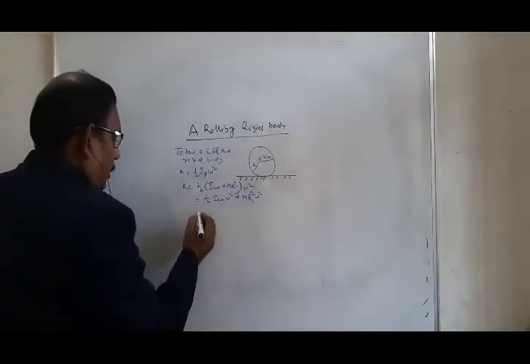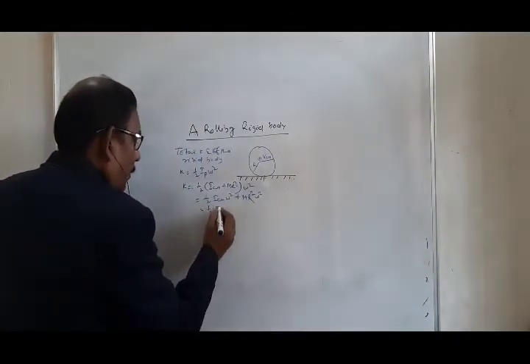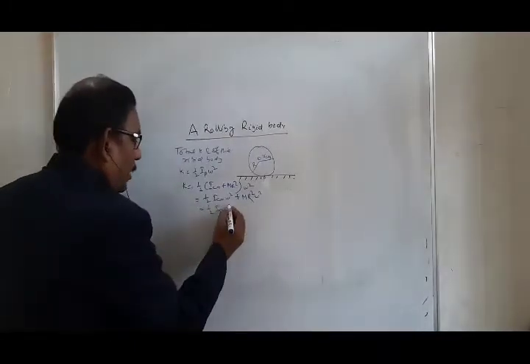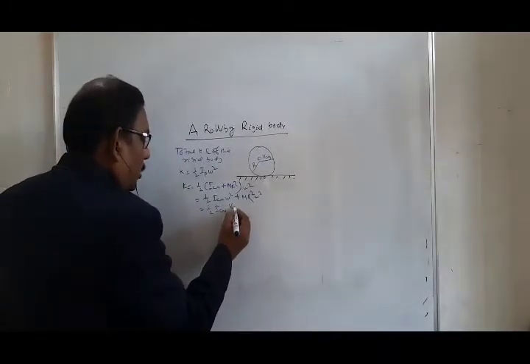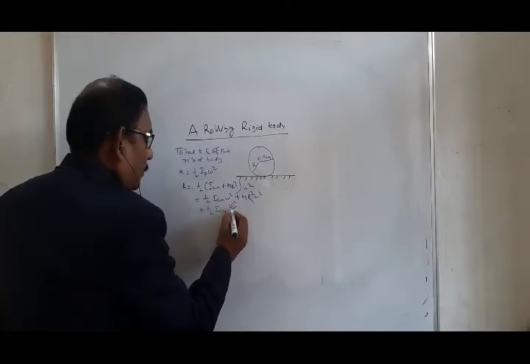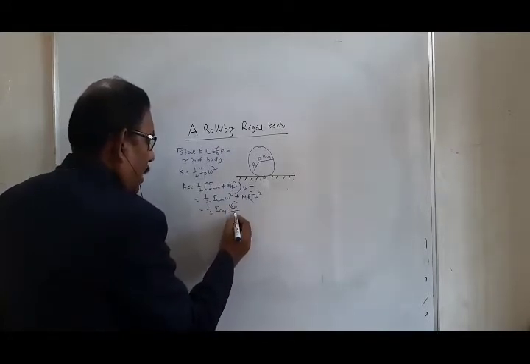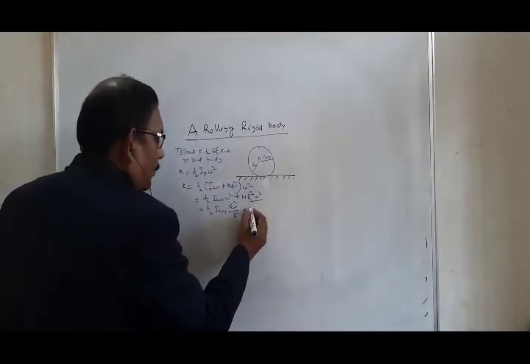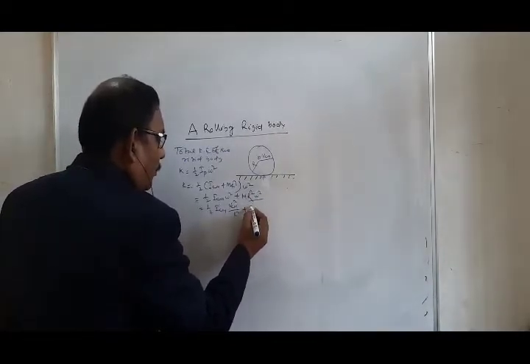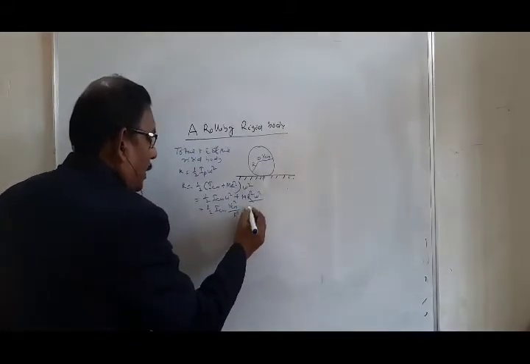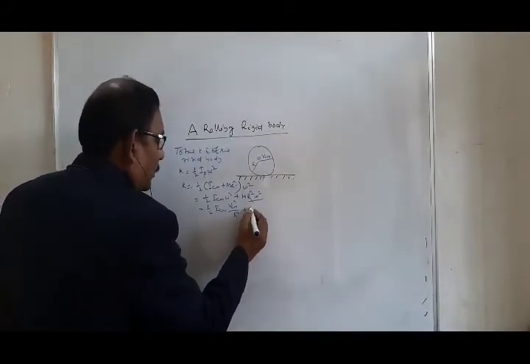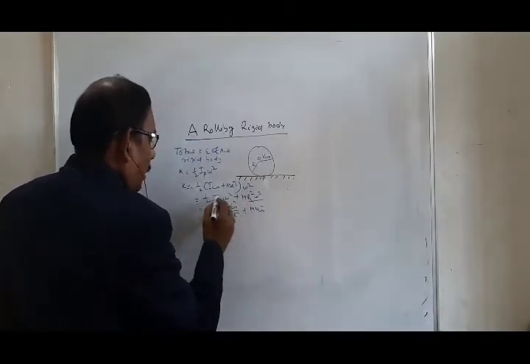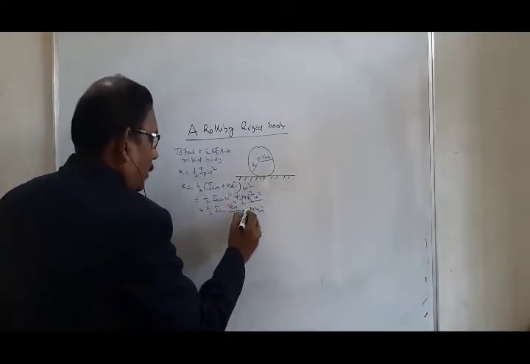Okay. Half I_CM, in place of omega square write V center of mass square by r square. Here you replace r omega by the velocity of the center of mass, so it is half m V square. Okay.